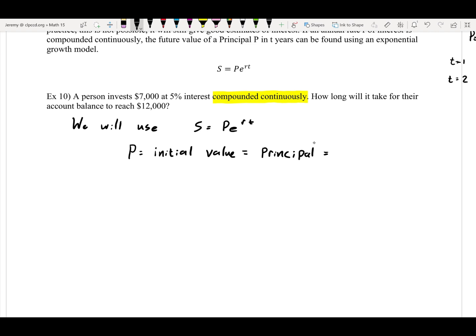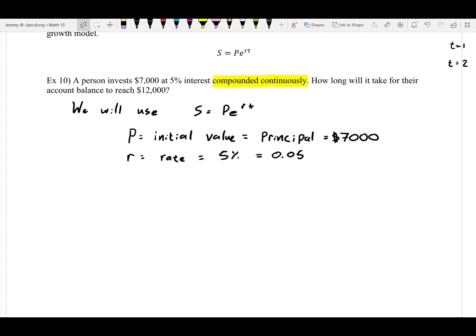In this case, it's $7,000. Okay, how about R? This is our interest rate, and we are just given this, it is 5%. But of course, that percent is like dividing by 100, so I'll write this as 0.05 to get it into decimal form, so that it's easier to do the math with it.